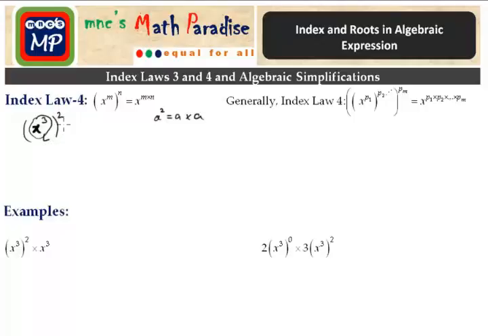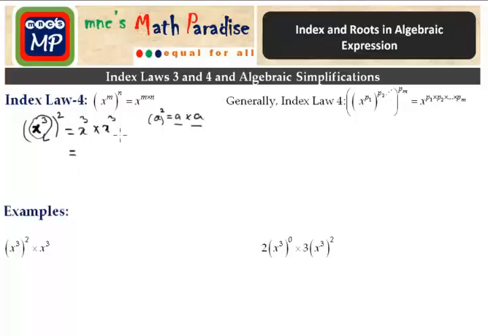That means this whole thing, x to the power 3, is multiplied twice, because anything to the power 2 means that thing multiplied by itself.